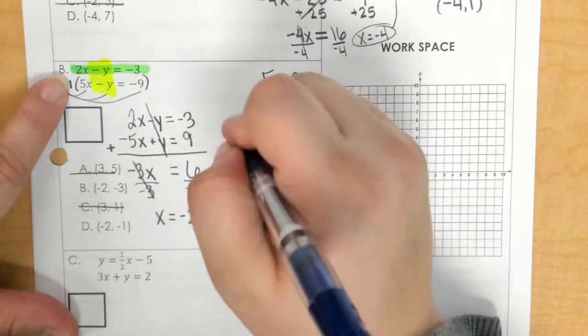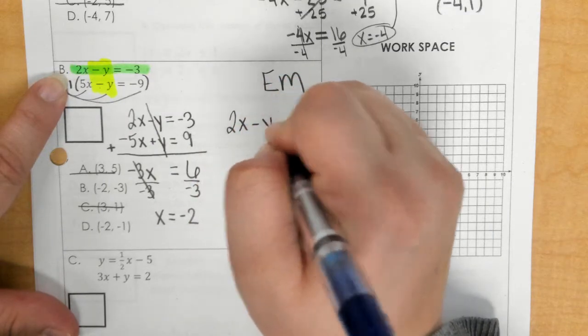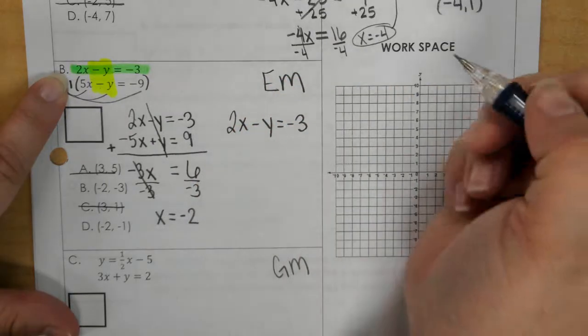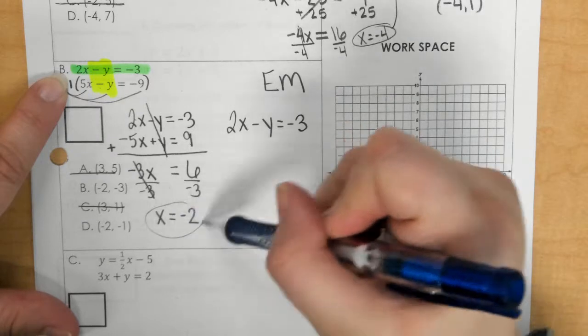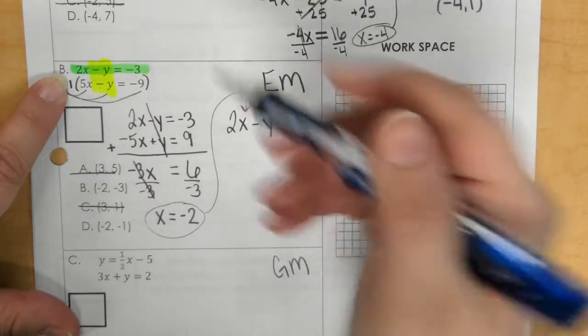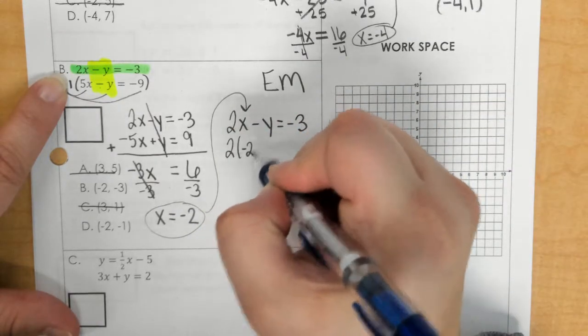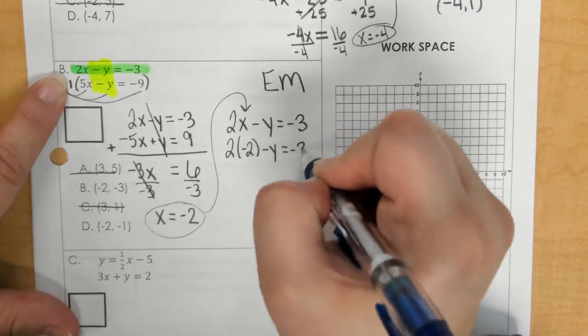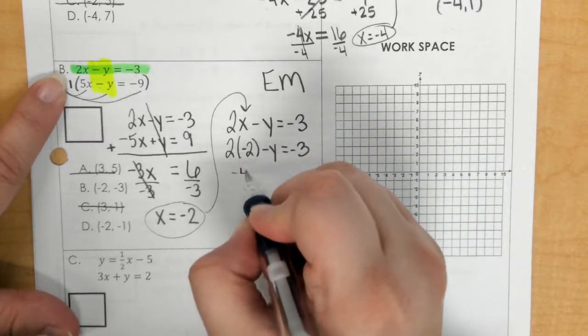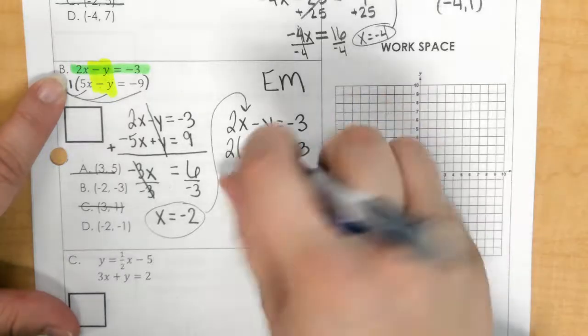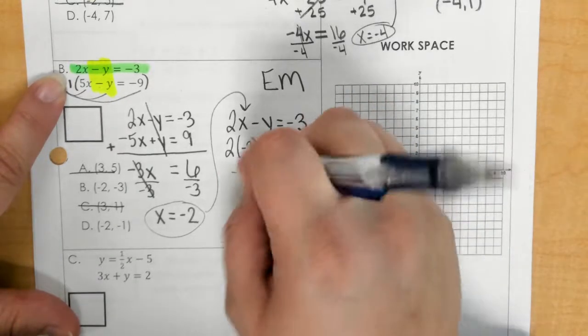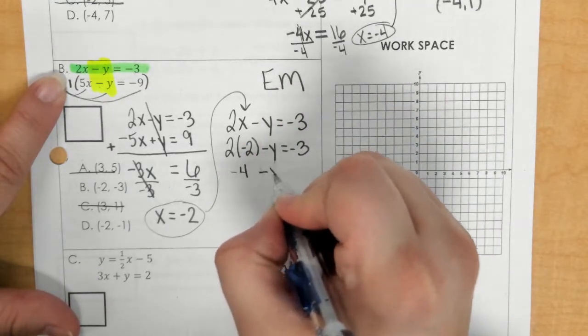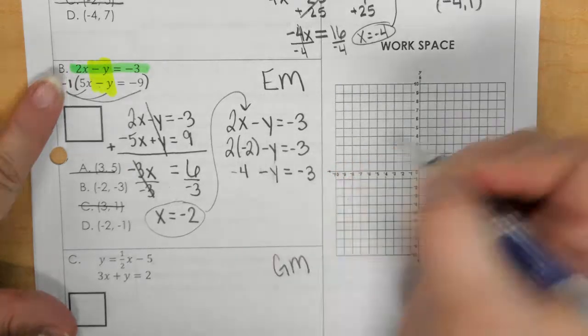So I've got 2x minus y equals -3. I'm going to plug -2 into x. This becomes -4 minus y equals -3.